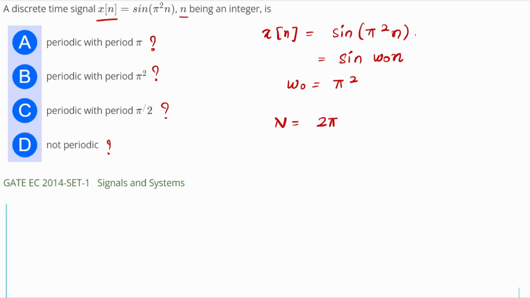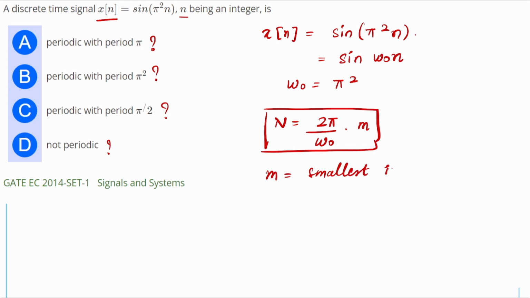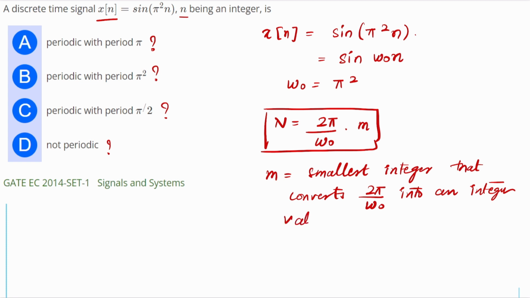So its value is 2 pi by omega naught into m, where m should be the smallest integer that converts 2 pi by omega naught into an integer value.